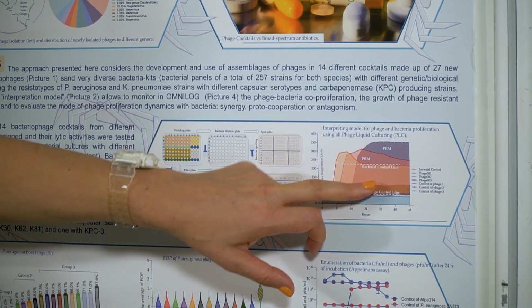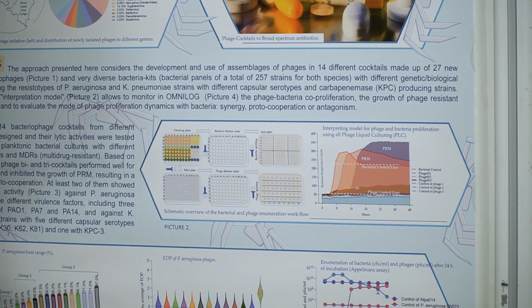A phage-bacteria growth curve with a shorter exponential phase and reduced, constant RRU compared to the control bacterial curve was considered an indication of bacterial inhibition by phage.